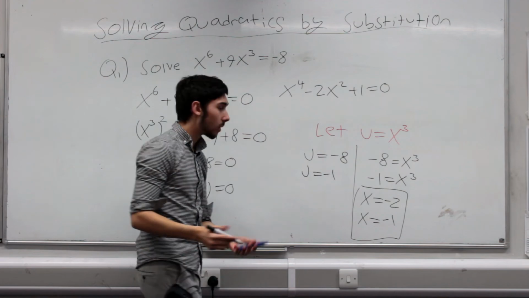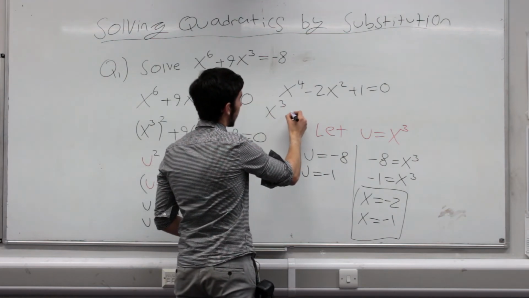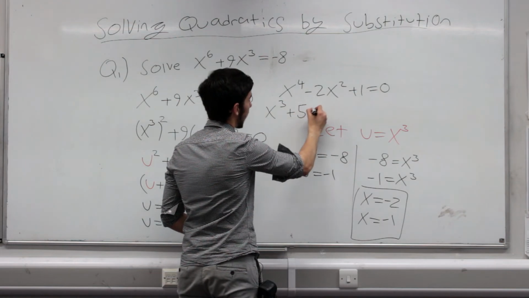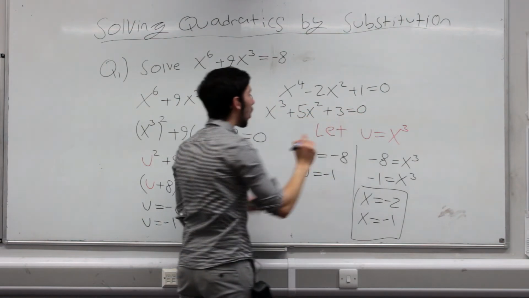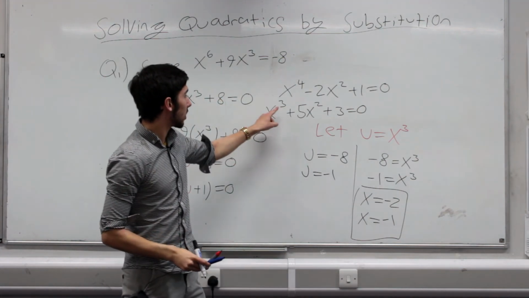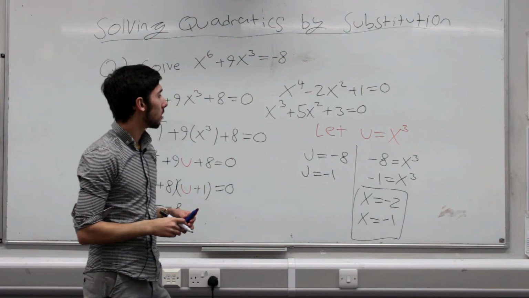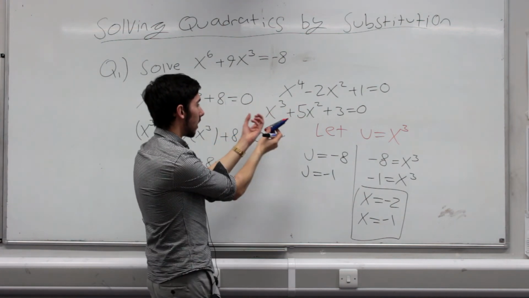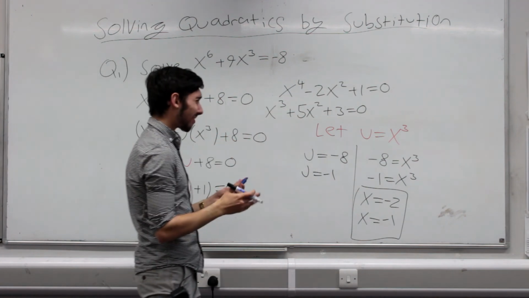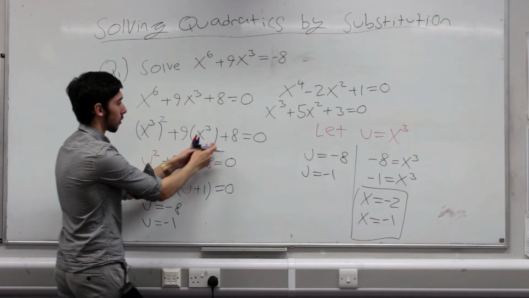What you couldn't do it on is, let's say, I don't know, x to the 3 plus, I'm just making something up, 5x squared plus 3 equals 0. You can't do it on this because this is not double that. So there's no way that you can make a substitution where you can get an x out and put it in the form where the original thing is being squared plus the original thing plus that constant.